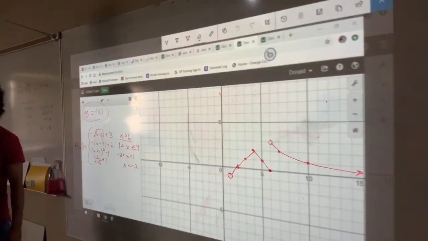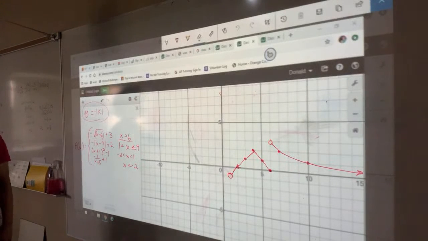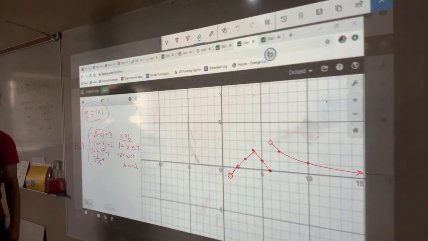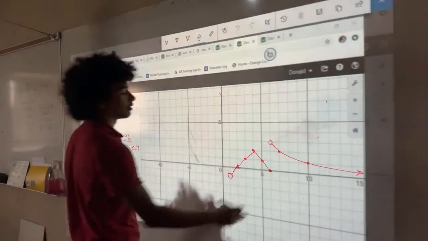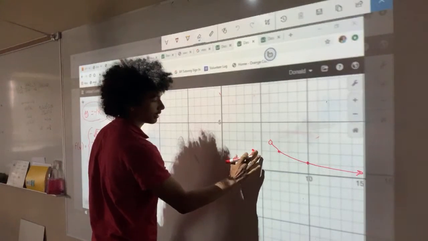Is anybody lost? Please raise your hand if you're completely lost. Question? You put that it goes all the way to 6 where the absolute value graph... Does it? Oh, yeah, because the exception is... my bad. Alright, thank you for catching that.